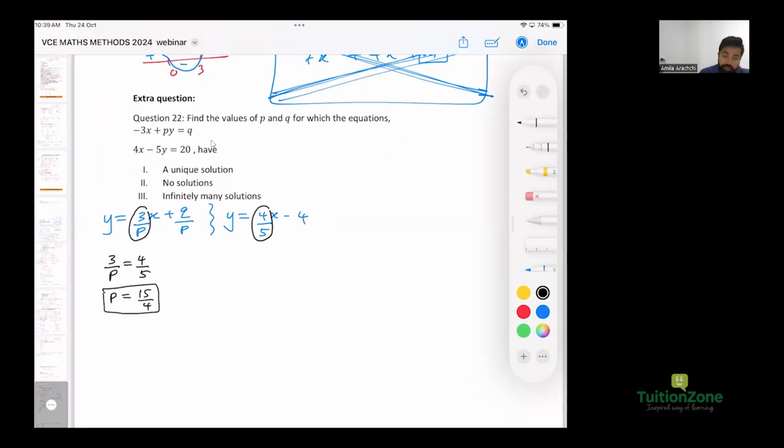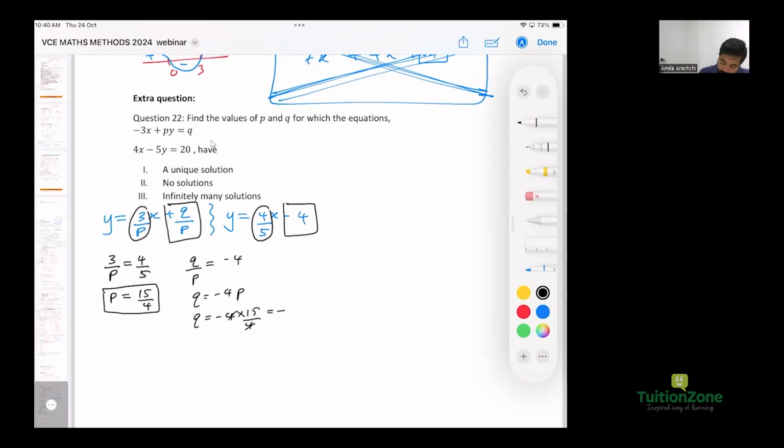That's done. And then we have to find the q as well. So in this scenario, you need to make the y-intercepts equal to each other as well. So q over p is equal to negative 4. And q is equal to negative 4 times p, which is q is equal to negative 4 times 15 over 4.